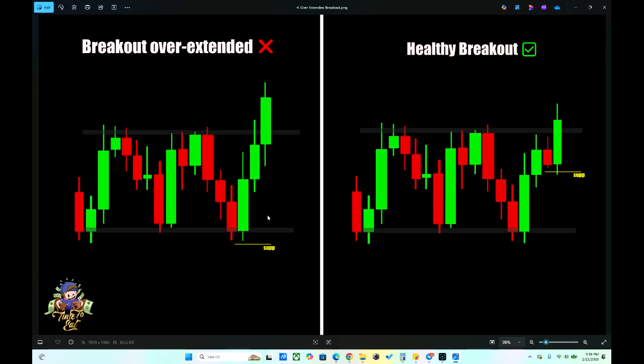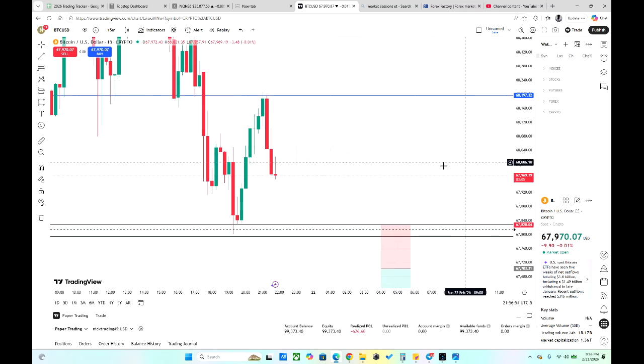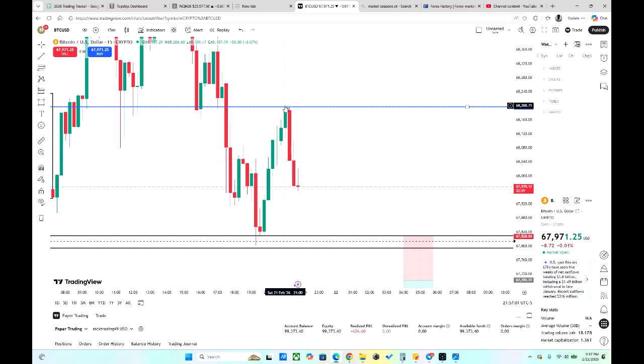Now, not only for breakouts but for most trades, whenever you see a streak of one color candle, like a streak of green candles, never rush to enter the market there. This is a perfect example right here. 1, 2, 3, 4, 5, 6 green candles. I would never try to enter the market right here, because too much green candle means it needs to give us a candle, it needs to get some sellers in.